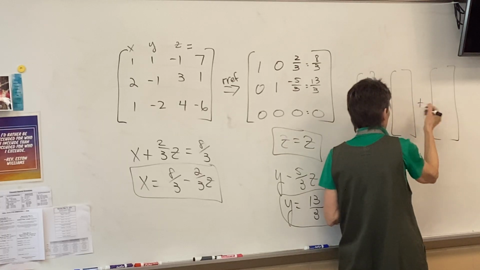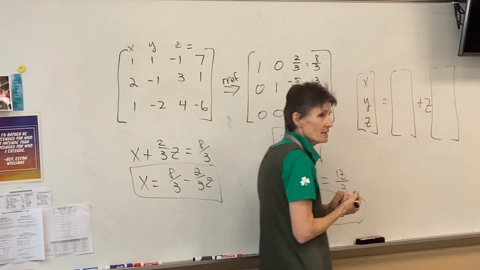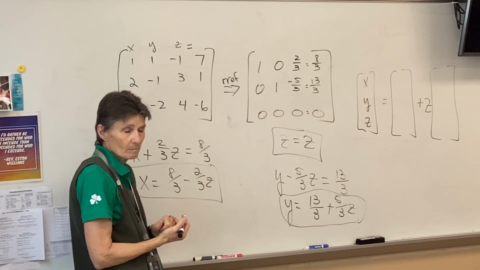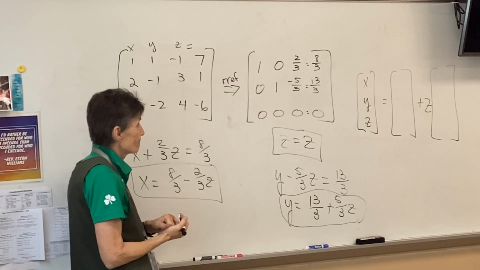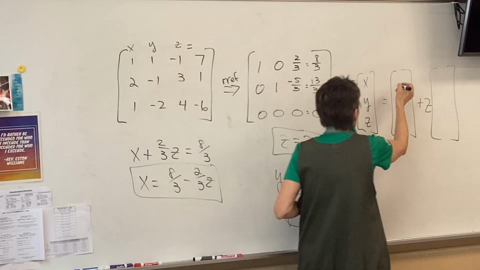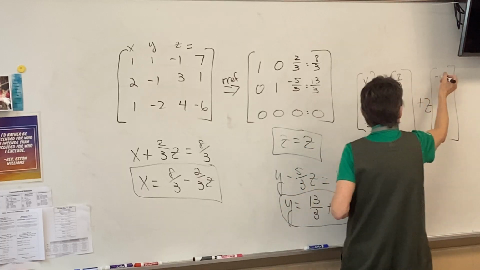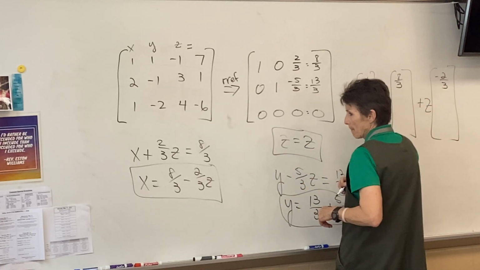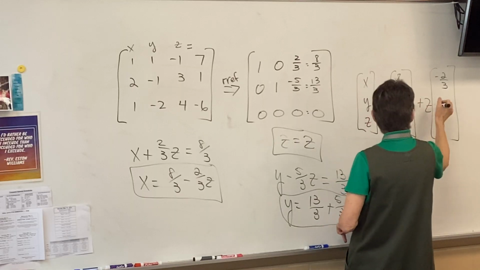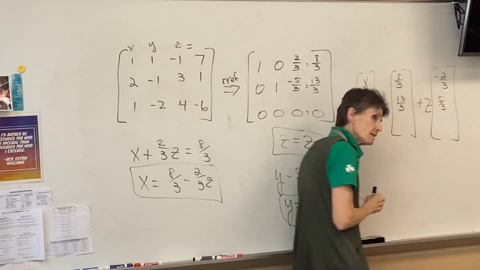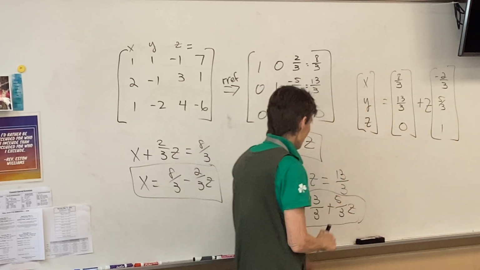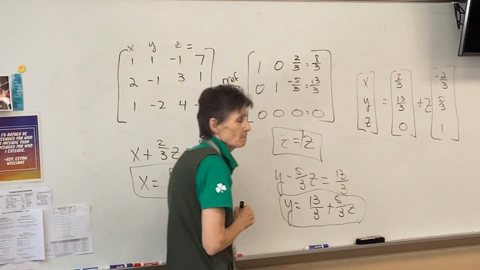One of the columns is just the numbers, the other column is the Z column. So X has an 8/3 and a negative 2/3. Y has a 13/3 and a 5/3. And how about Z? 0 and 1. No number, 1 Z.